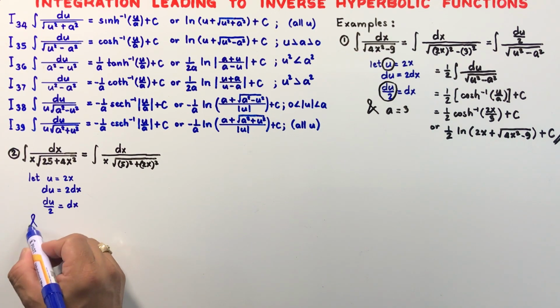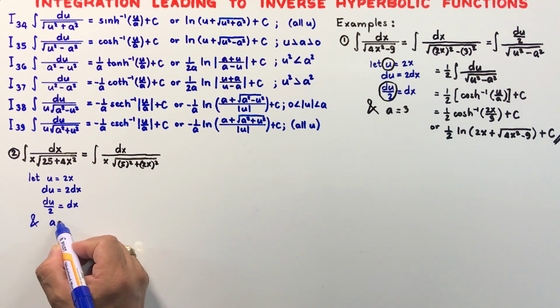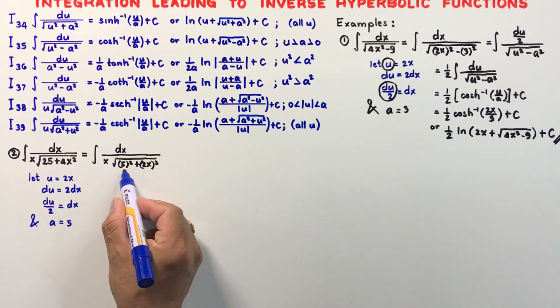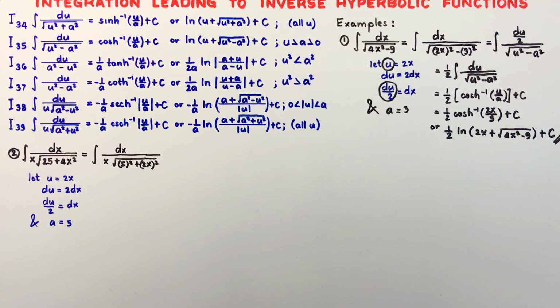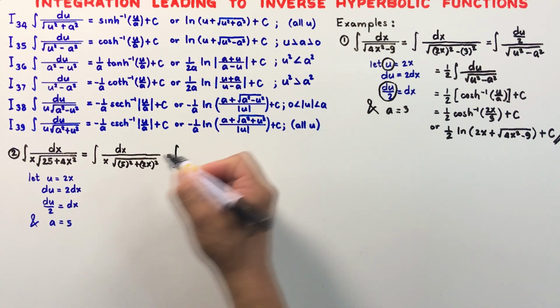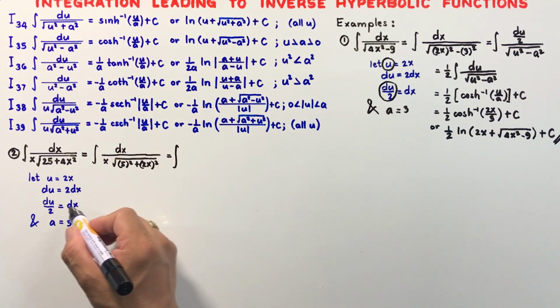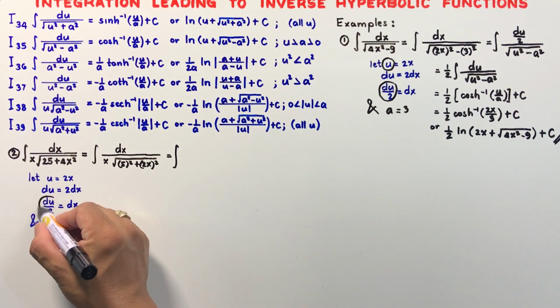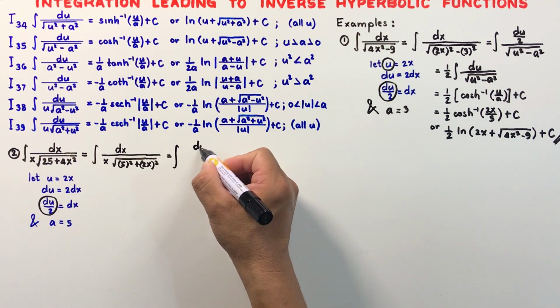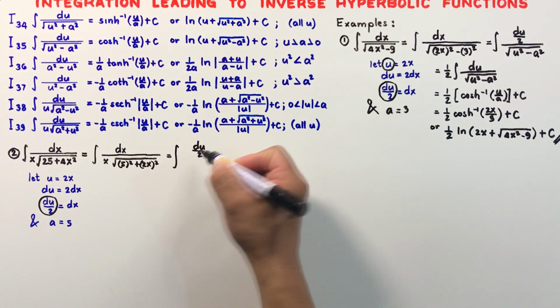And of course, our a is equal to 5 here. So by substitution, we have the integral of dx, but instead of writing dx, you will write its equivalent representation, which is du over 2.